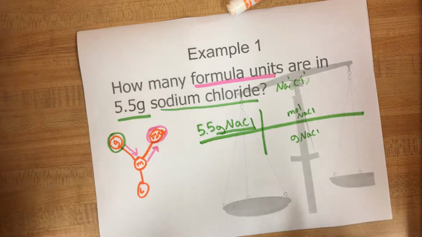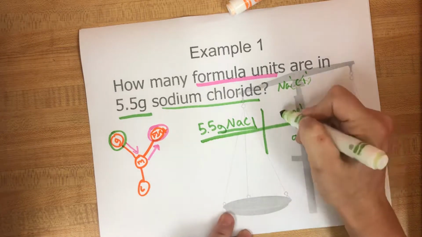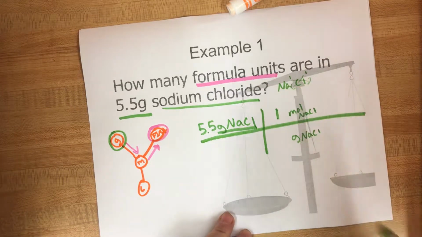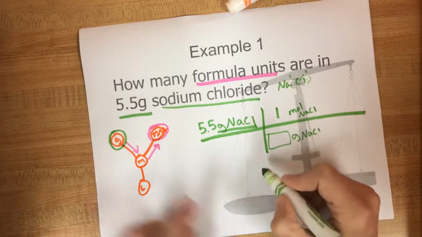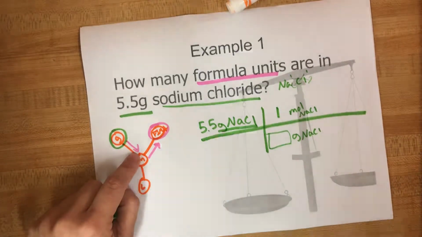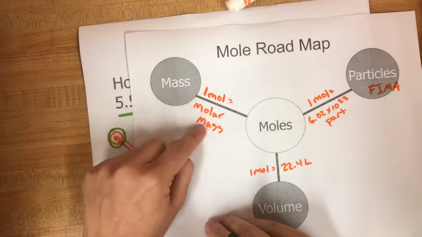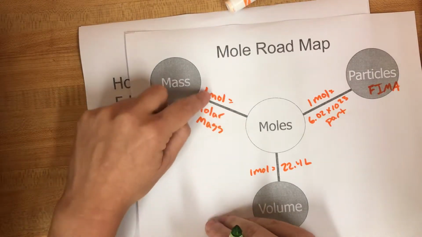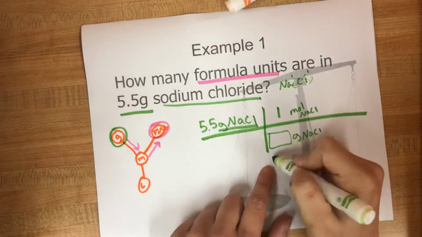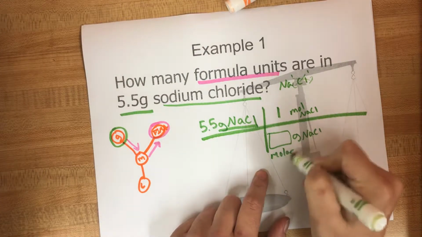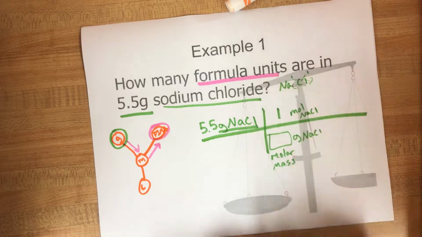Okay. Now, from the last video, you should have realized every time there was a mole, you're going to put a 1. Mole is 1. When you have grams, you've got to remember what that conversion is to go from moles to grams or grams to moles. So 1 mole is the molar mass. So anytime you have grams in your conversion table, you have to find molar mass.